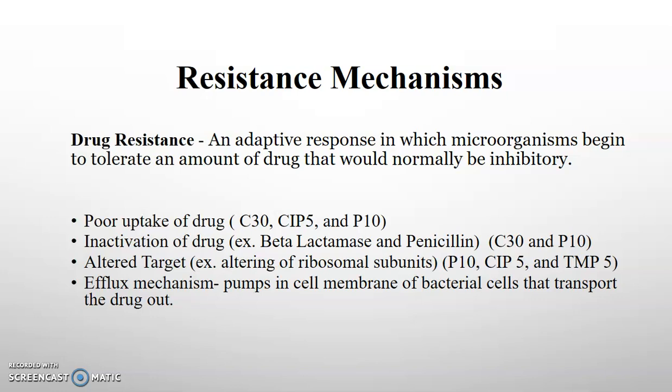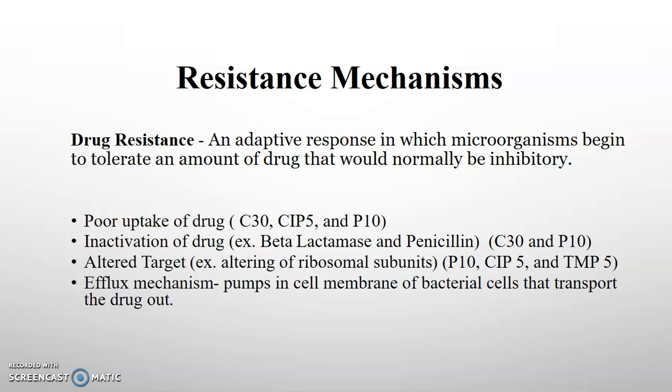So what are some things that bacteria can do to become resistant to an antibiotic? This is something, again, that you would need to mention in the discussion portion of your lab report. Some bacteria just don't uptake the drug. A lot of those drugs, like chloramphenicol and Cipro, have to get inside of the cell in order to work on things like replication or translation.